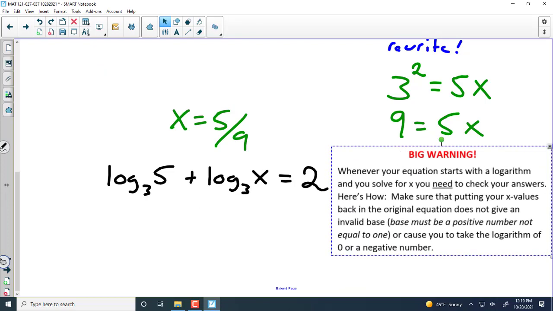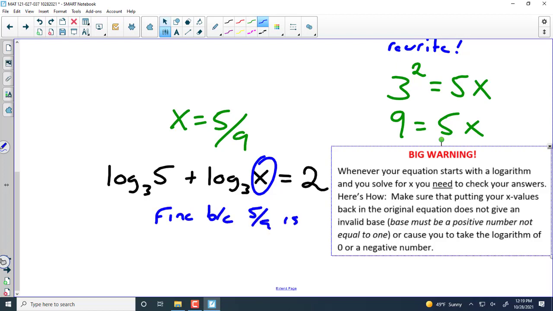It says you must check your answer in the original equation to make sure that you are not taking an illegal logarithm and you don't have an illegal base. There is only one x right here. Is 5/9 a negative number? Then it's fine. Fine, because 5/9 is positive. And that means our answer stands at 5/9.